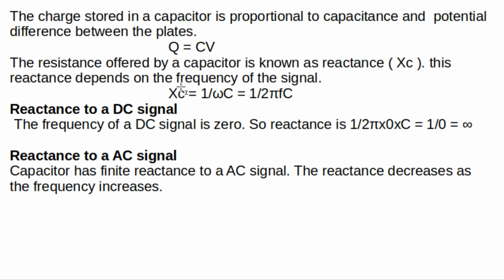So small frequency signals will not be easily allowed to flow through a capacitor. And if an AC signal has very high frequency, then the reactance of the capacitor will be small. So very high frequency AC signals will flow through a capacitor very smoothly without much reactance.